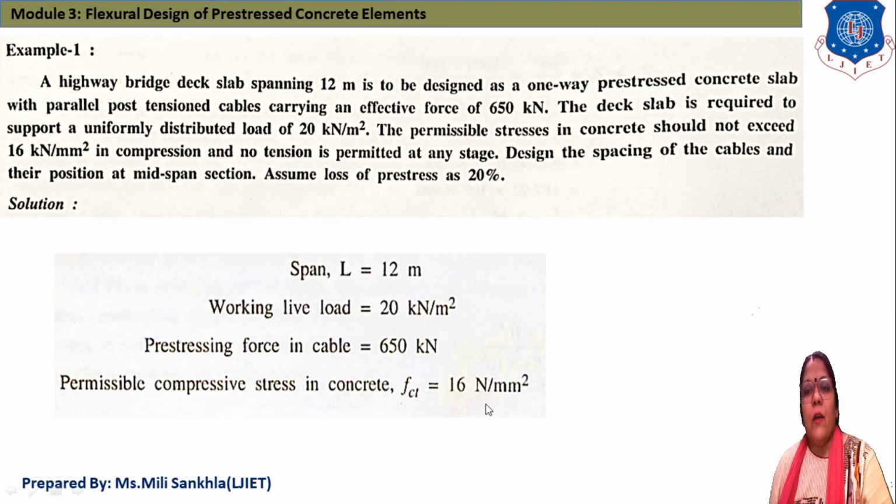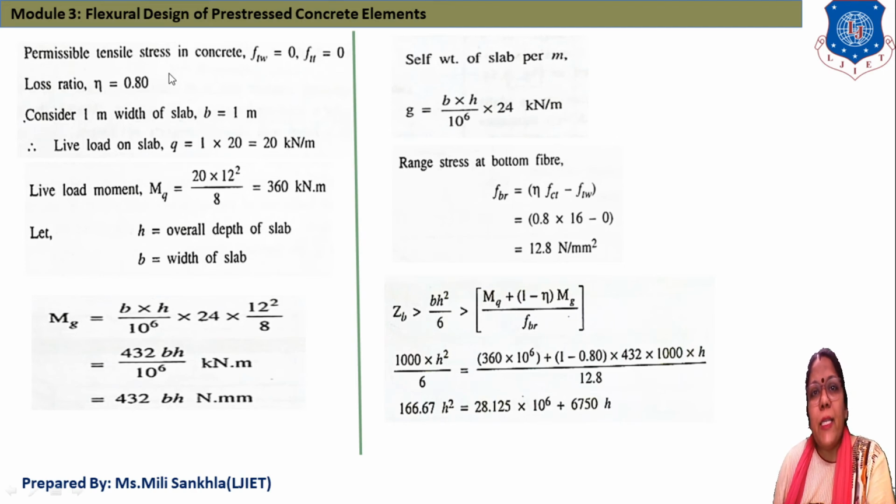Next we find the permissible tensile stresses, that is given 0, FTW and FTT. The loss ratio is given 20%, so 100 minus 20 is equal to 80%, so efficiency eta is equal to 0.80.